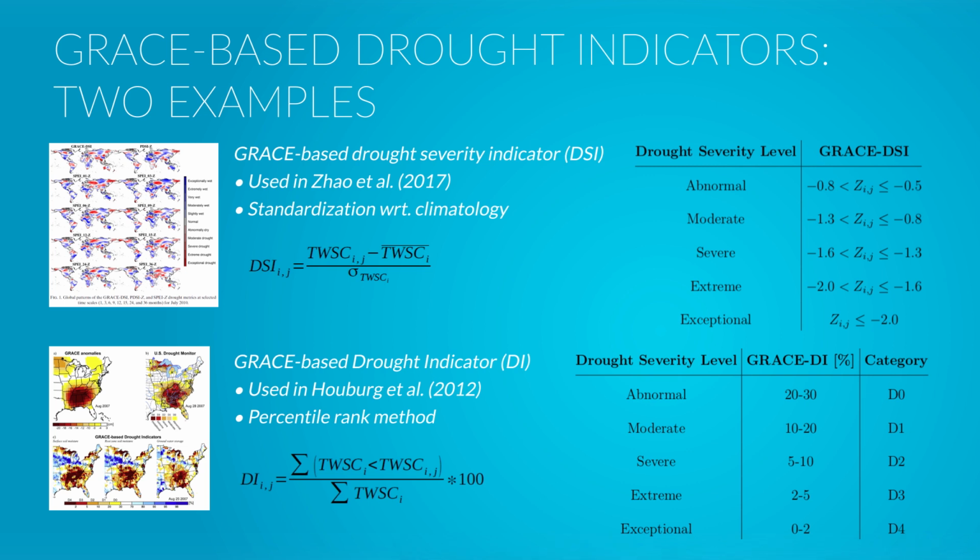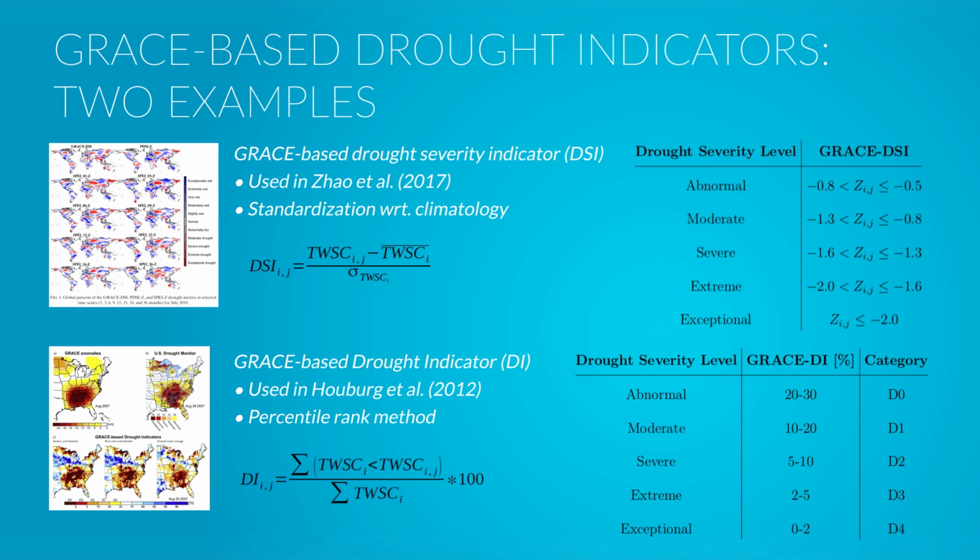So for example, if you have January 2004, we take all January values, take the average of it, and compare it to our actual value. We then also look at the standard deviation of these values. At the end, we get an output that can be categorized into drought severity levels, for example abnormal drought or even worse, exceptional drought.